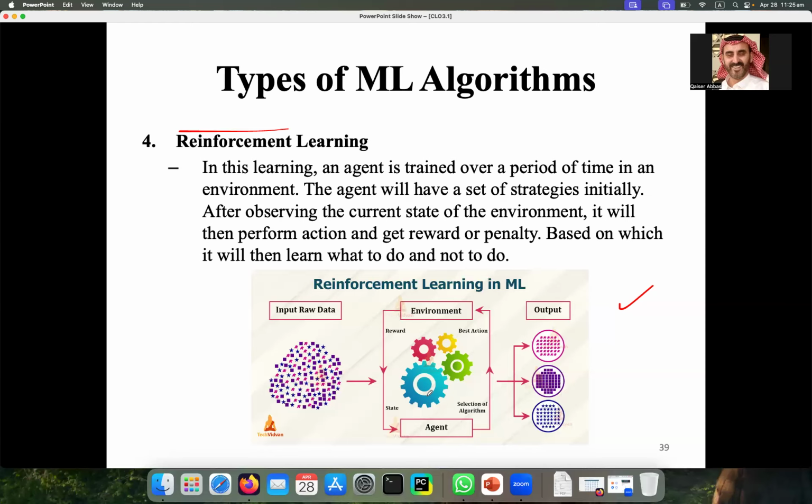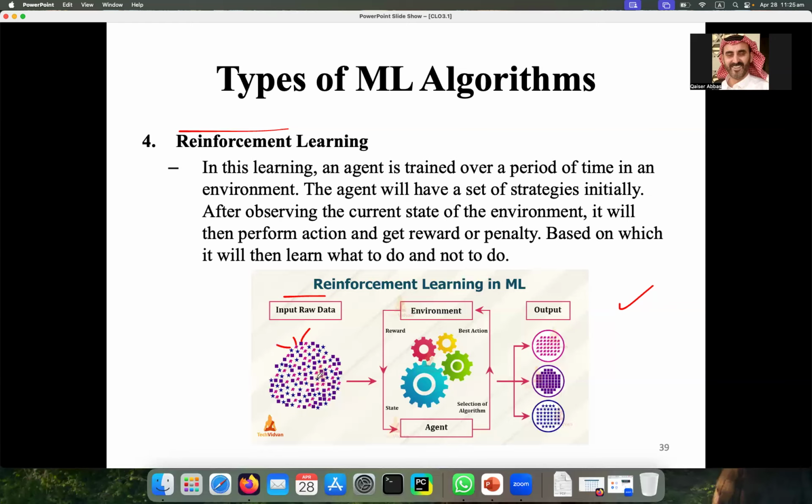Anyhow, here you can say that this is an agent. The agent will first observe. This is the environment of the agent, and this is the input to the agent. The input to the agent is the data which contains squares, red stars, and blue stars, and a mixture of it.